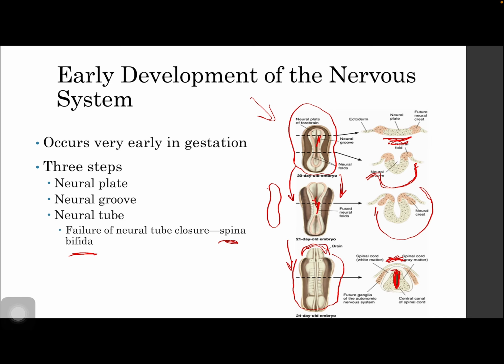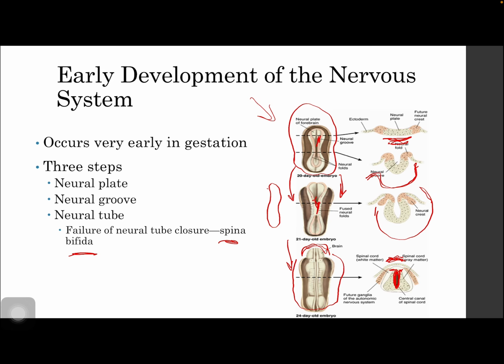So you can have a not completely closed spine or tube, and that can lead to a more mild version of spina bifida, all the way to a really severe form where the embryo wouldn't survive. And then sometimes a person is actually born with spina bifida in more severe cases and would need surgery.